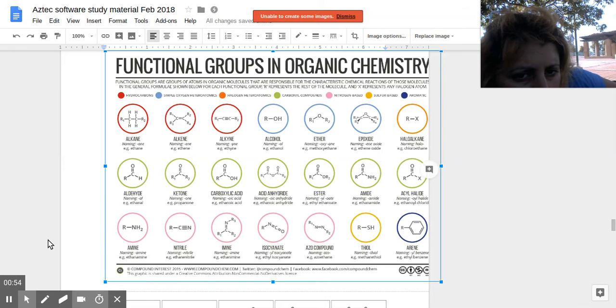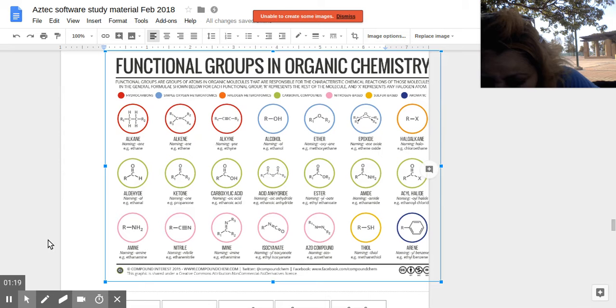Epoxide is similar, so you have the oxygen bound to two carbons and like two substrates on each carbon. And then haloalkane is an X representing halogen. Aldehyde.